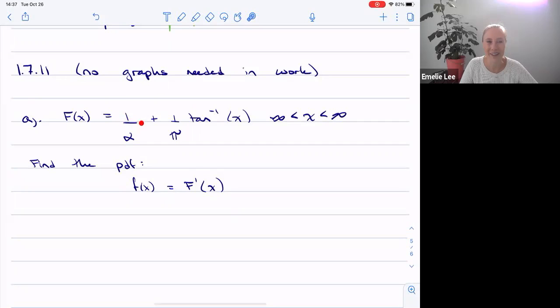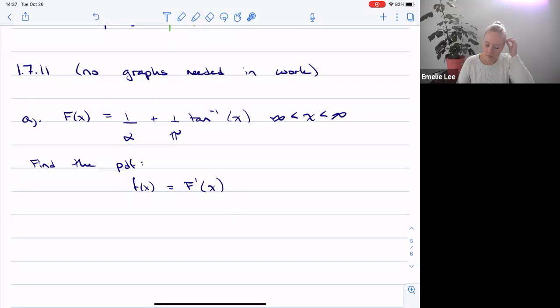We've got a constant plus the inverse tan. Now, of course, I posted those calculus reference sheets at the top of our Moodle page, and it's for this reason. I don't expect you to remember that the derivative of inverse tan is 1 over 1 plus x squared, but I do expect you to be able to read the reference sheet and then plug it in.